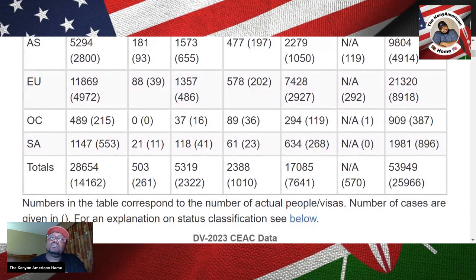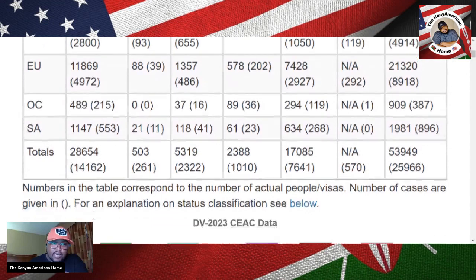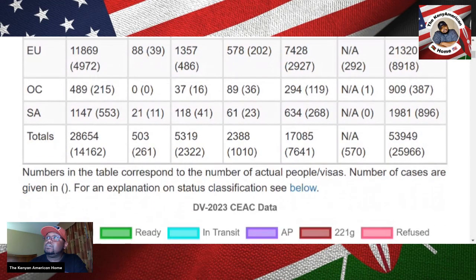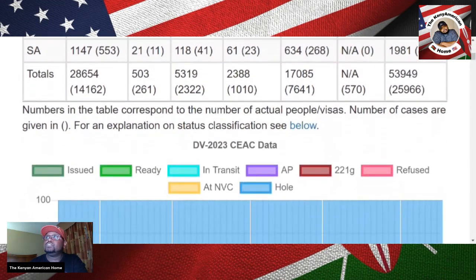So that's a little bit more than half, about half the number. 28 times 2 is 56. So yeah, about half the number have been processed. And so if you're still waiting, there's still 4.5 months to go.